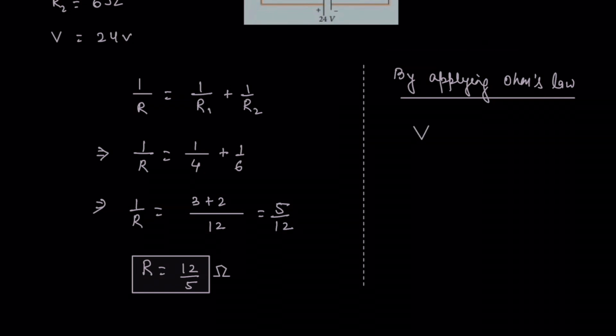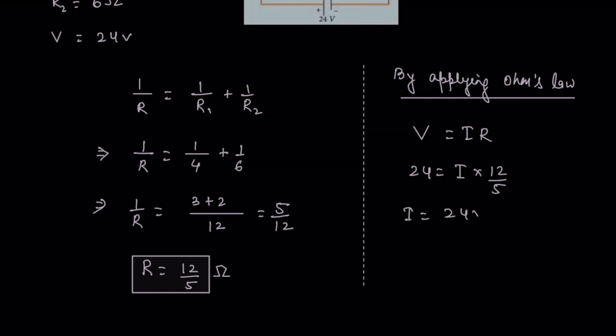V is equal to IR. V is 24, current we have to find, and total resistance is 12 by 5. So I is equal to 24 into 5 by 12, which is 10 ampere. So 10 ampere is the total current.